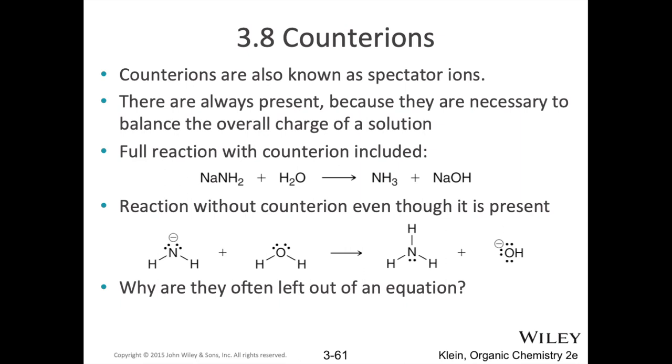Okay, so look at the example here. We have sodium amide reacting with water to make ammonia and sodium hydroxide. The sodium amide and the sodium hydroxide are both ionic compounds. So if we were to write an ionic equation for this, they would be split up into sodium ions and amide ions. Likewise, your sodium hydroxide would be sodium ions and hydroxide ions.